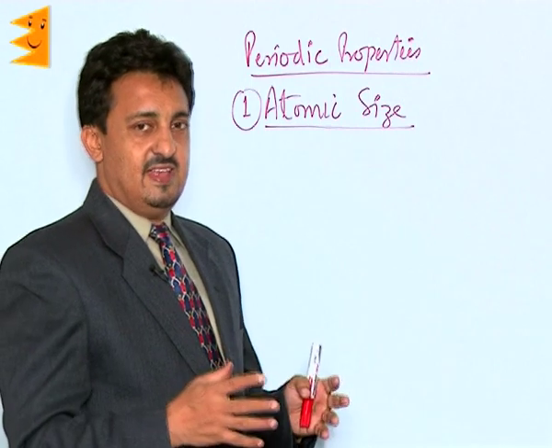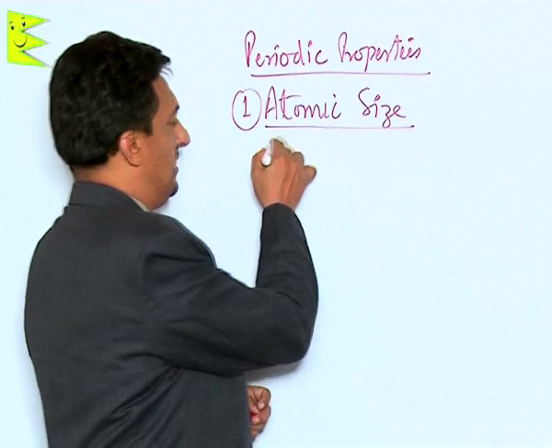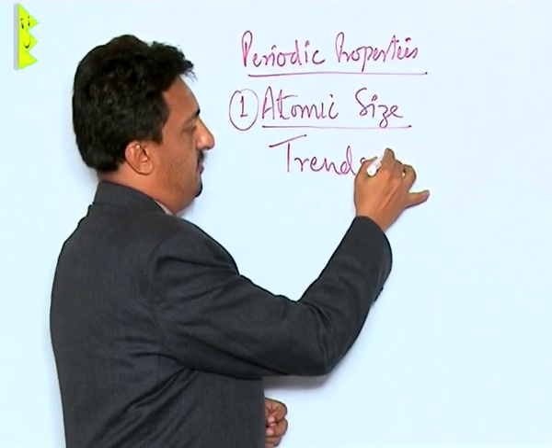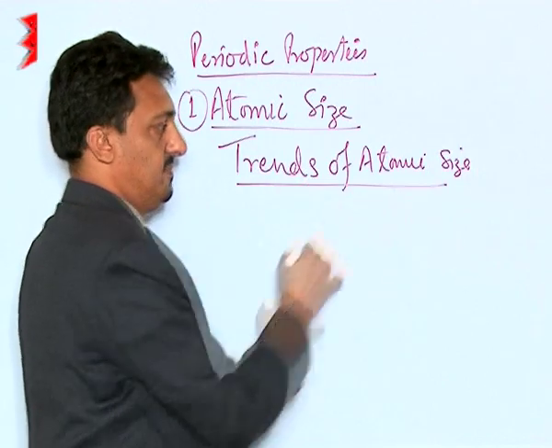Now, after understanding the different types of atomic radius, let us do the trends of atomic size in the periodic table.